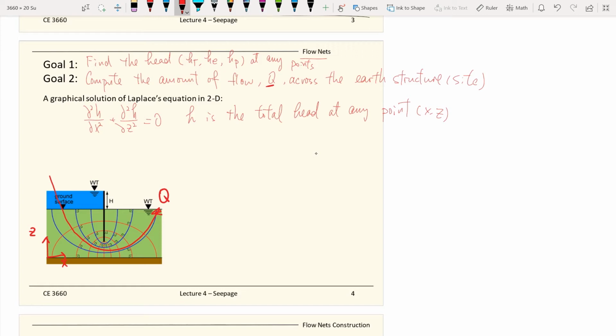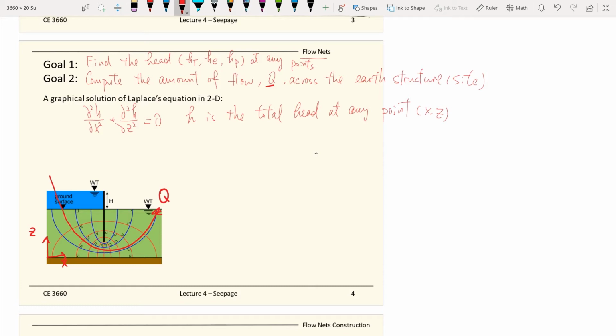So what we're trying to do here is solve the Laplace equations, which are second order differential equations. Before the computational age, a couple of decades ago, engineers didn't have a computer, and they would try to solve this on paper.